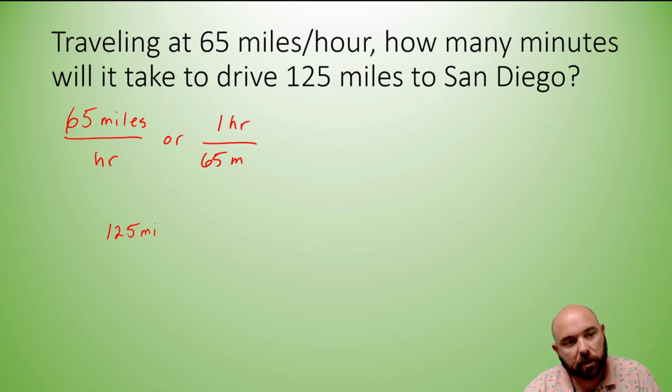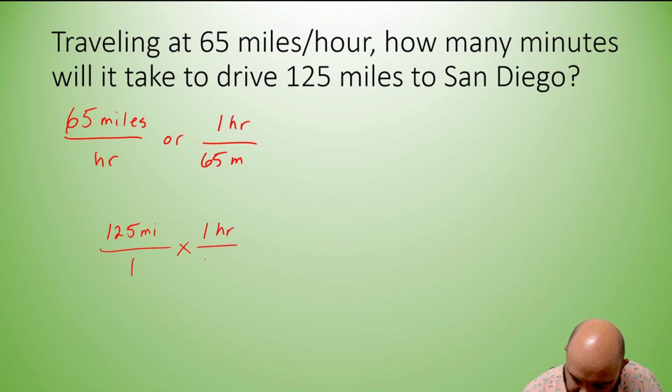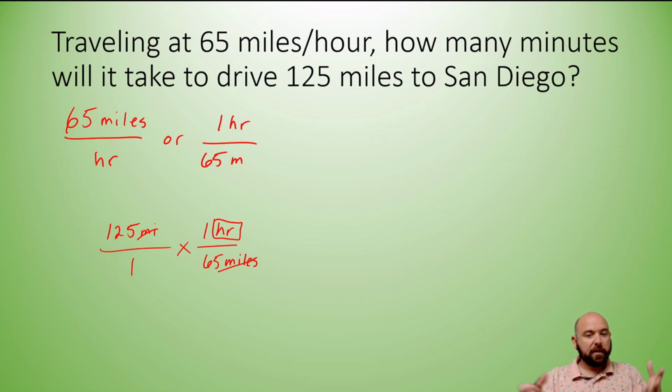We can put our 125 over 1, and then use that 1 hour as a conversion factor to cancel our miles. And we would be left with hours at that point. So this math here would tell us how many hours it would take to go to San Diego from 125 miles away at 65 miles per hour.